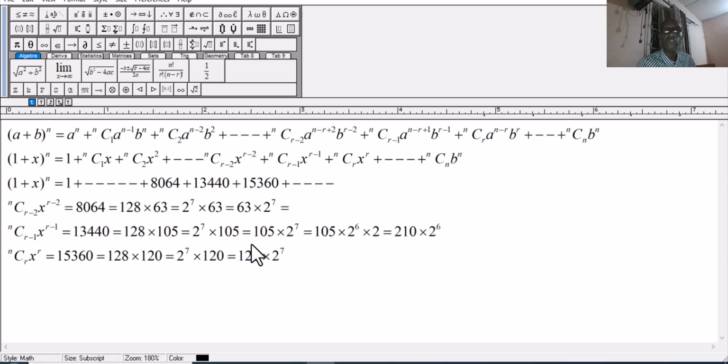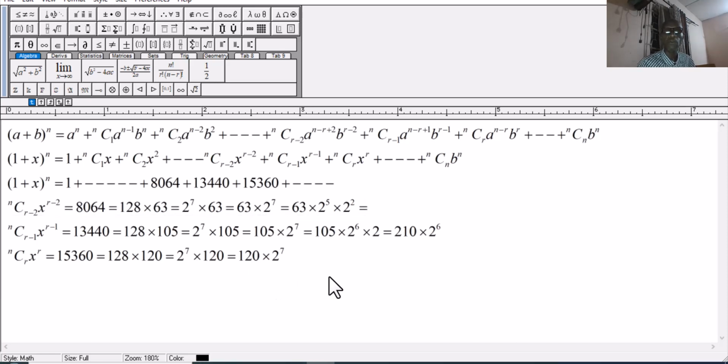So it has reduced by 1, because we have r here, which is our 7, and this has reduced by 1. Now this one also must reduce by 2. I can say 63 times 2 raised to the power of 5 times 2 raised to the power of 2.